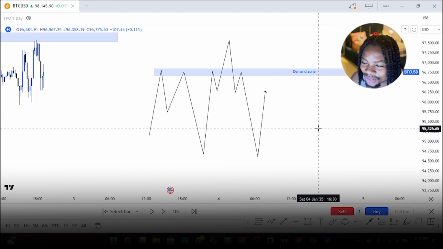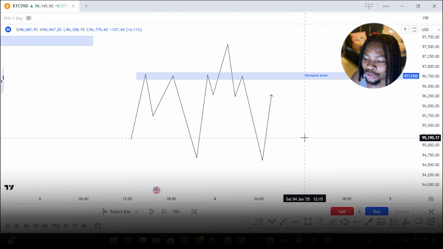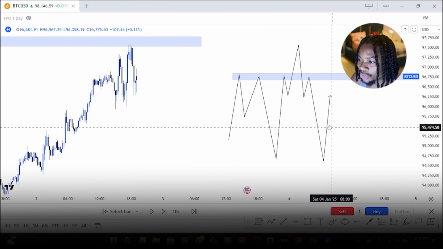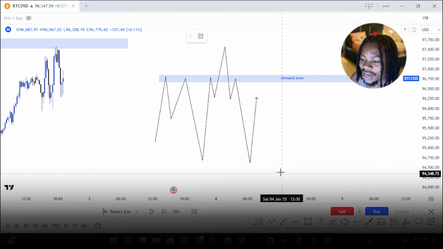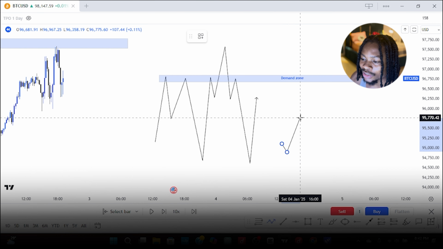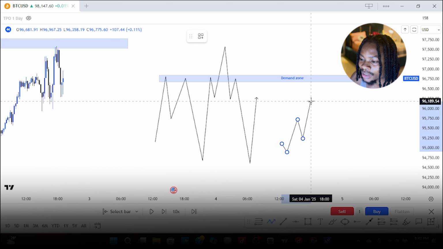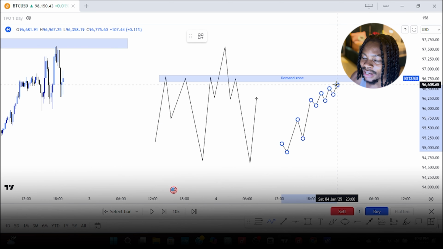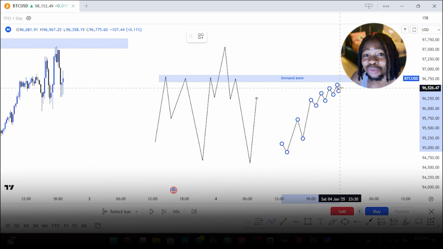All right. Now, what usually happens when markets approach a demand zone is that you start seeing a slowdown. So let's say we are having a massive buy to the upside, and all of a sudden you start seeing a slowdown in market move. This is where you should be careful.